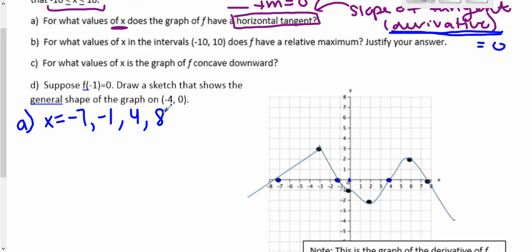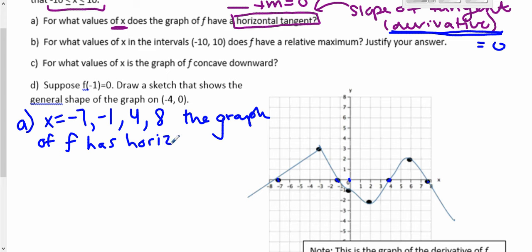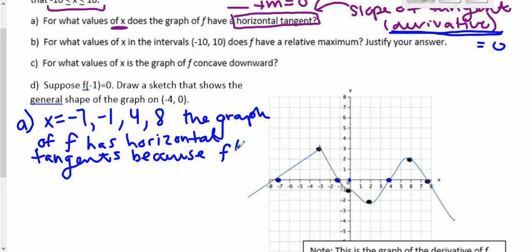At x equals -7, -1, 4, and 8, the graph of f has horizontal tangents because the derivative f prime is equal to 0.